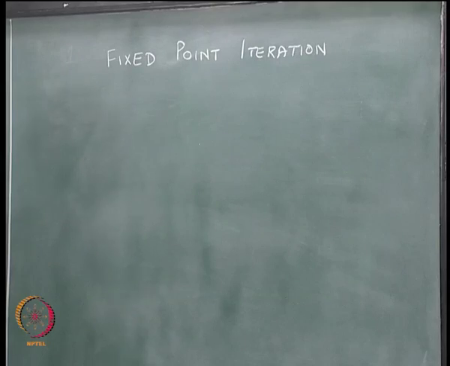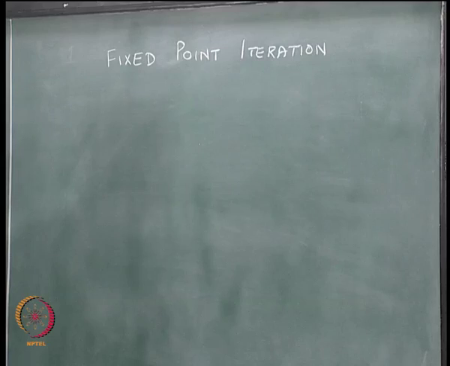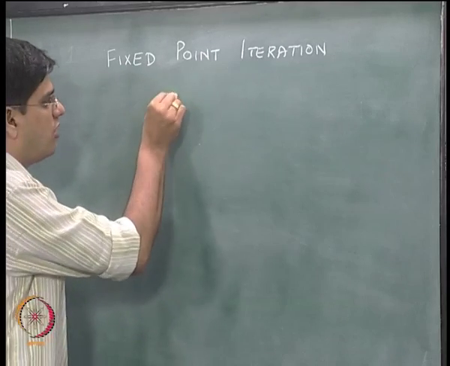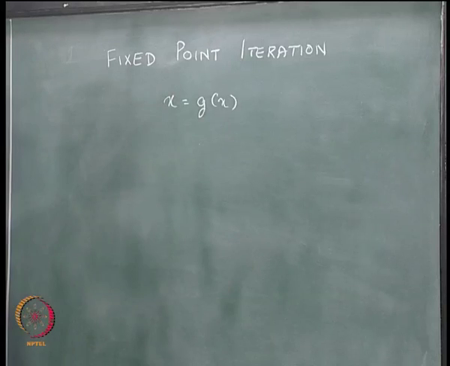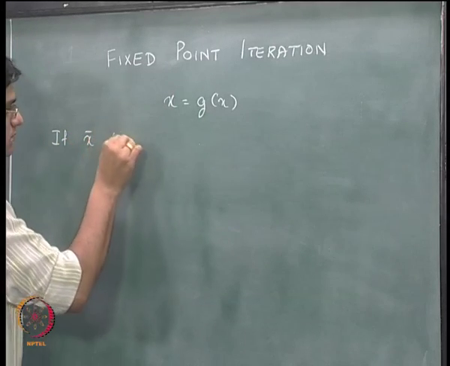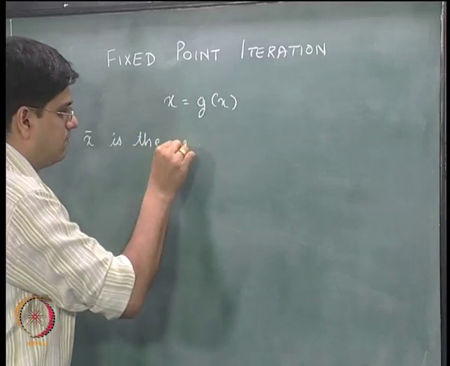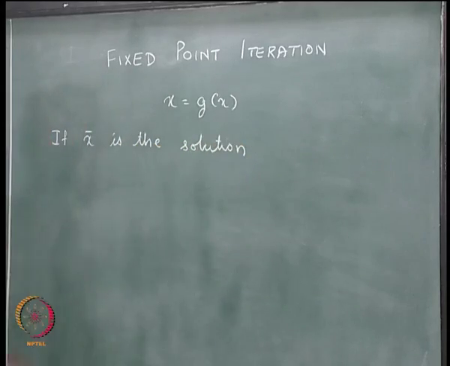Okay. So the objective in solving the fixed point iteration was to get the solution of the equation x equal to g of x, and if x bar is the solution, then x bar is going to satisfy this particular equation.